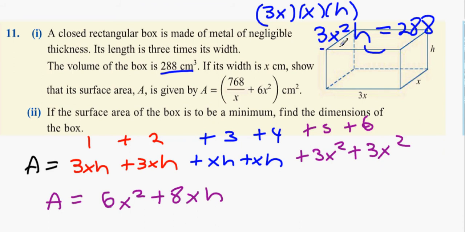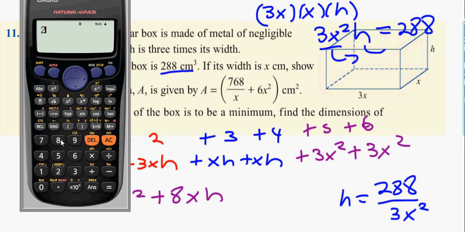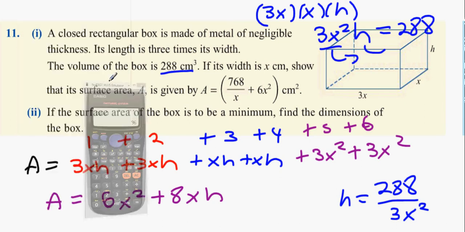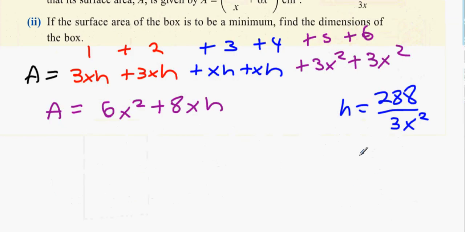Get h on its own, which means bring the 3x squared underneath. 288 divided by 3x squared is what h equals. Out of chance, we're going to see if this 288 will divide by 3. As it turns out it does, it's 96. So h equals 96 all over x squared.